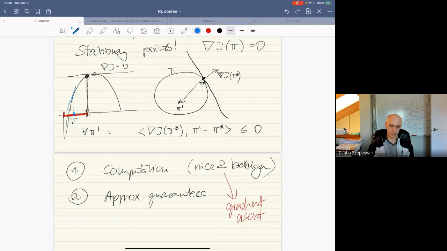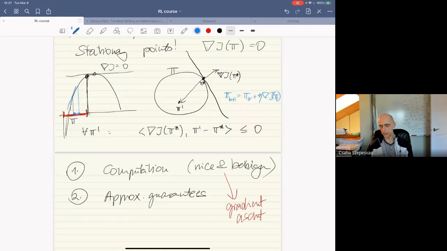So in this case, it's going to point you to the right, and then you make a step. It's a step size. So gradient ascent is going to say, oh, my next point is going to be like the previous point plus some step size times the gradient.